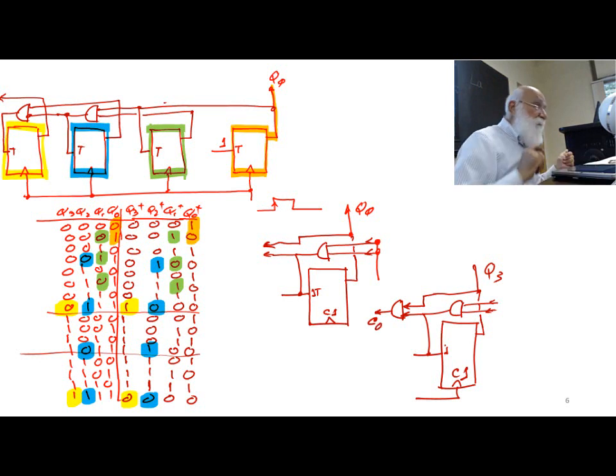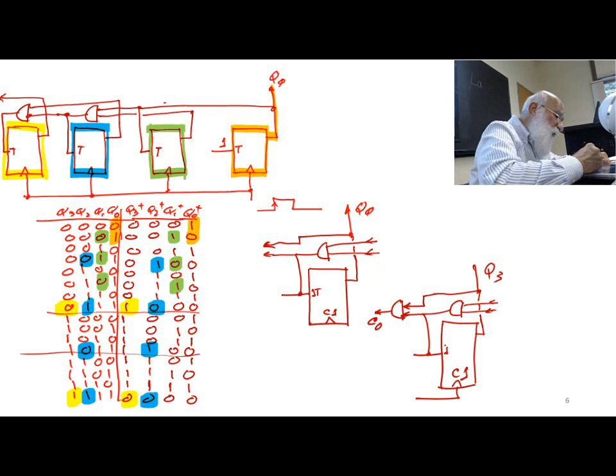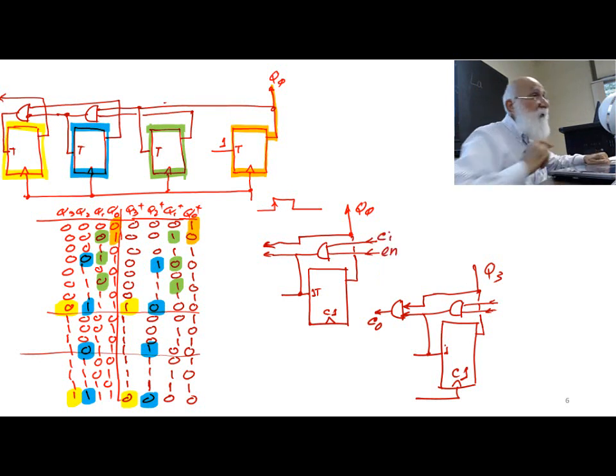I'm calling this one carry out. The two inputs of the Q0, I'm calling one of them carry in and one of them enable. Doesn't make any difference which one you call what. Okay? So the way it works is if enable is 0, you are not counting.